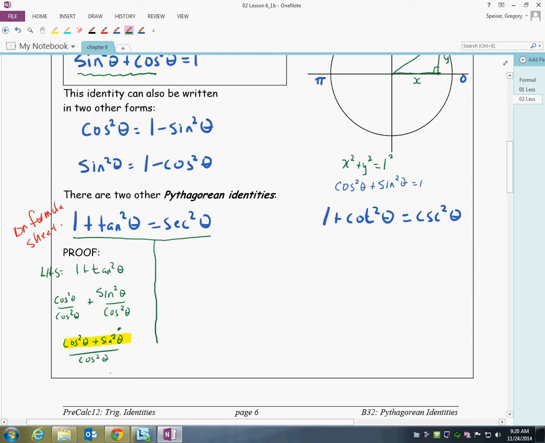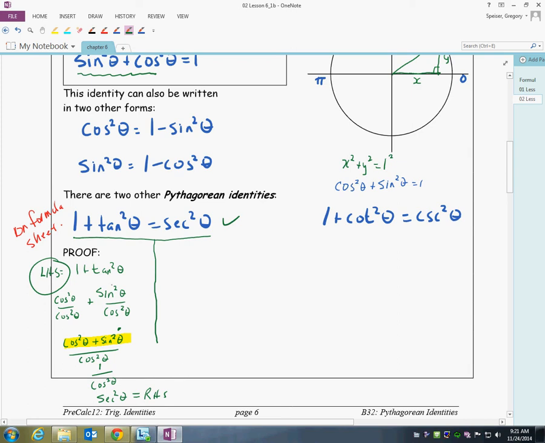So this is going to be equal to 1 over cos squared theta. And the reciprocal of cos is equal to secant, so the reciprocal of cos squared will be secant squared theta. And now I'm going to say that's the same thing as my right-hand side. So I was able to say that the left-hand side is equal to the right-hand side, so I proved it. Okay, so that's how our proof works.